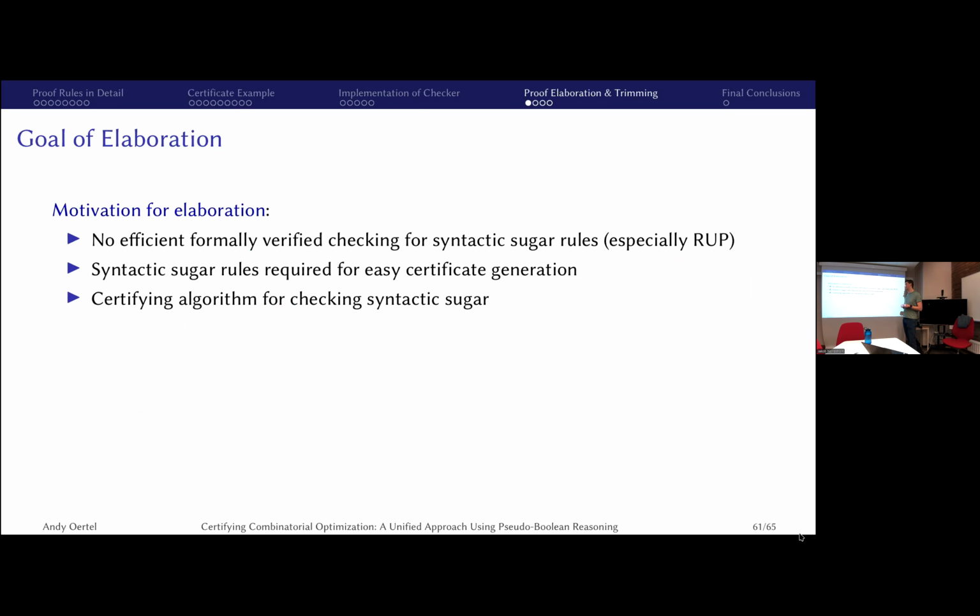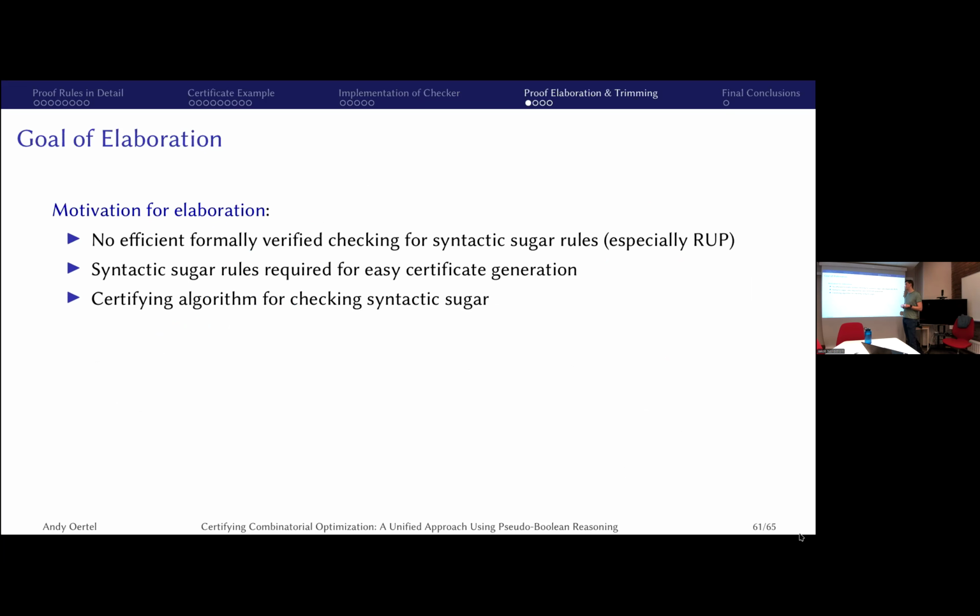So why don't we just do a certifying algorithm for our checker? We make our checker certifying, and so it outputs a new proof of the checking of the syntactic rules. The goal is basically to add enough details for the formally verified checker.